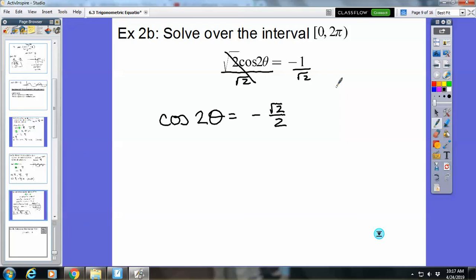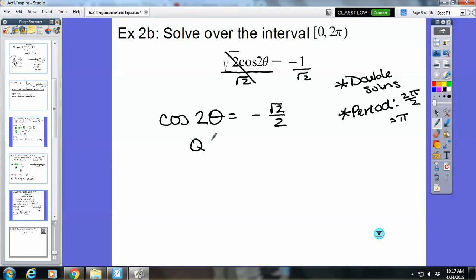If you multiply, that would be radical 2 over 2. Okay, this is a 2 theta. What does that tell me? Double solutions. What is the period here? 2 pi over 2, which is just pi.